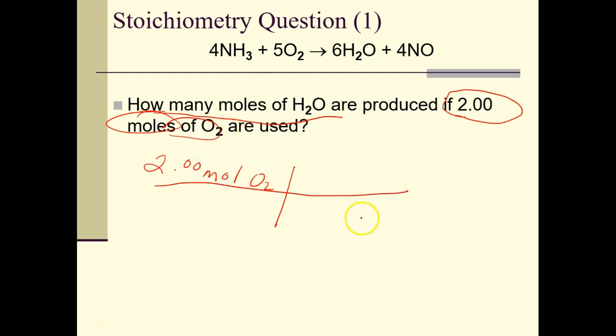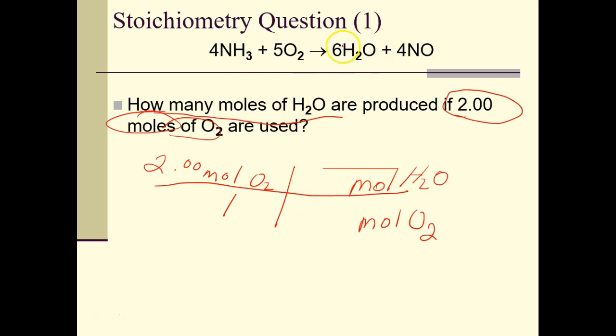What's on top goes on the bottom: moles of O2, with a 1 here. We're not going to put a 1 like we did when we were converting, because we're not converting. We're going to use a mole ratio. So we're going to go to moles of H2O. What's our mole ratio for this?